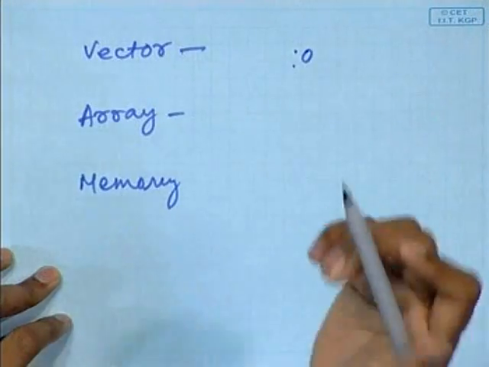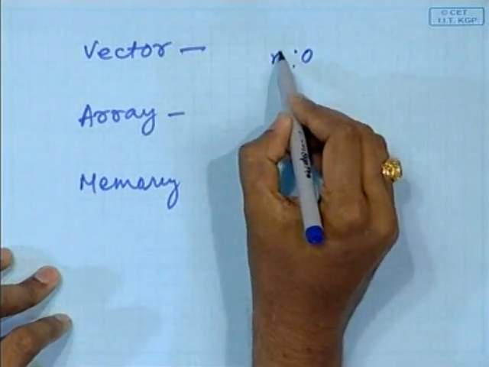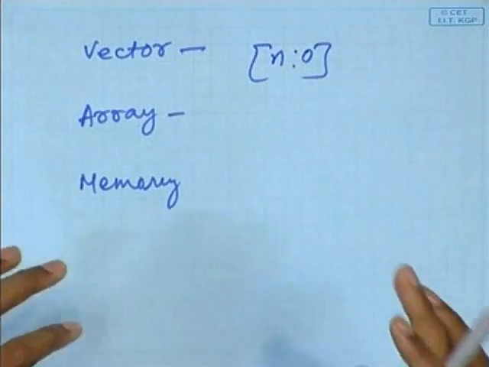Vector means, suppose you take 1 bit, that is a scalar. If you assign a variable with multiple bits, say 8 bit, say 0 to n, this multiple bits is called the vector.